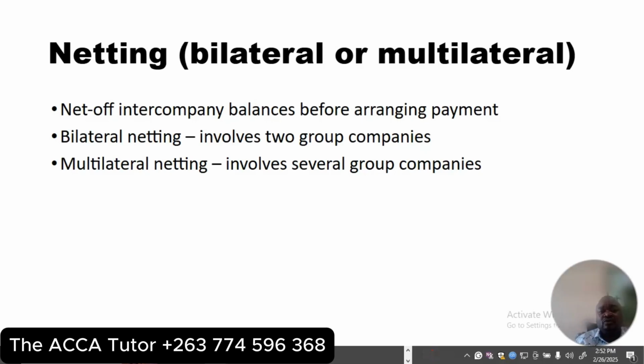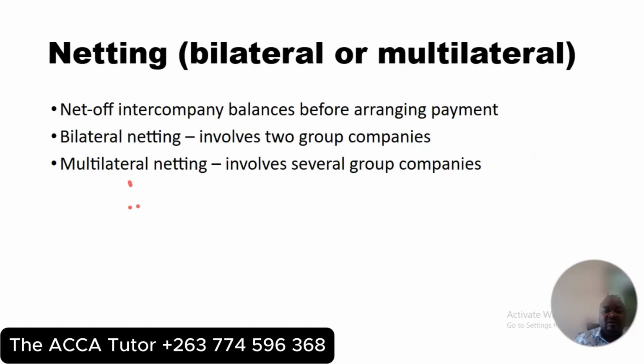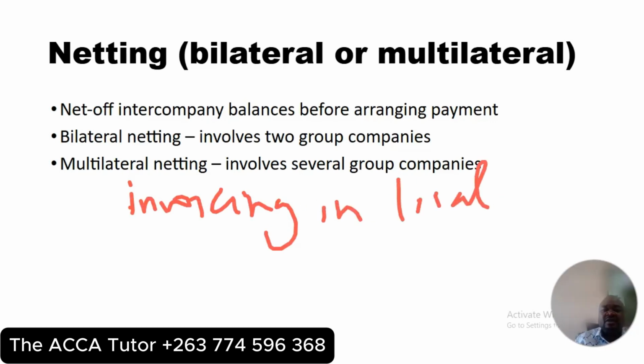Okay, so far we have touched on invoicing. We talked of invoicing in local currency, where a company can simply just invoice in their own currency.